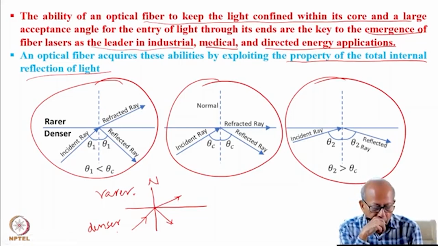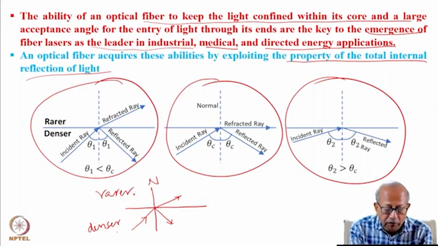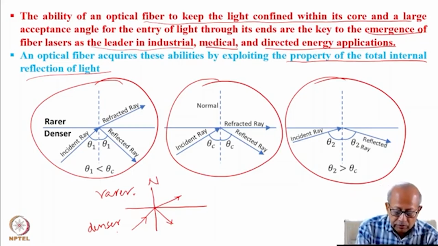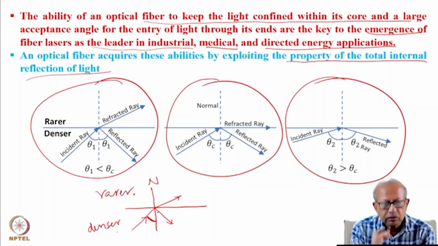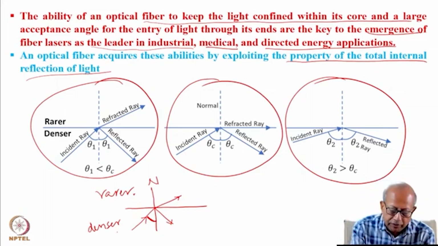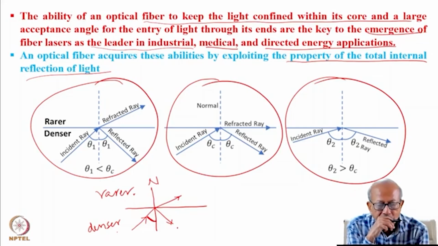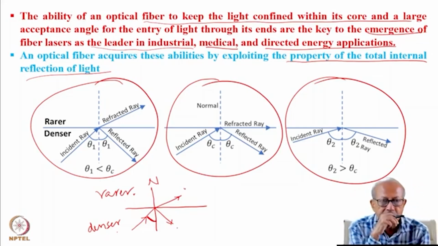Now, for a wide range of angles of incidence, this is what happens. Part of light is reflected back into the incident medium and the rest is refracted into the second medium.